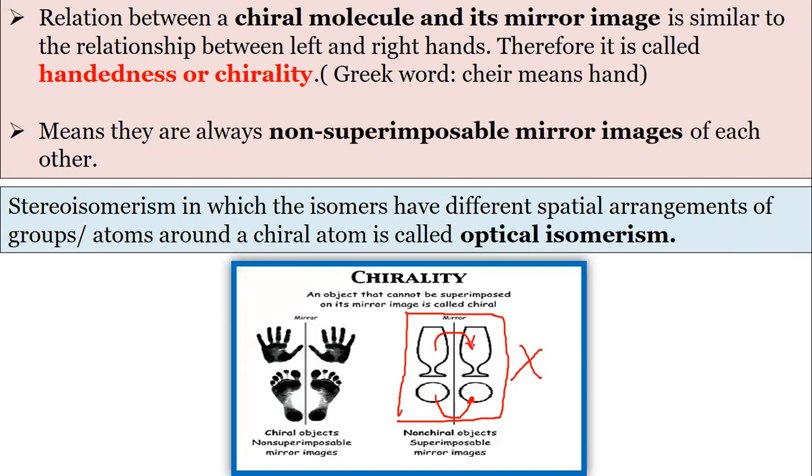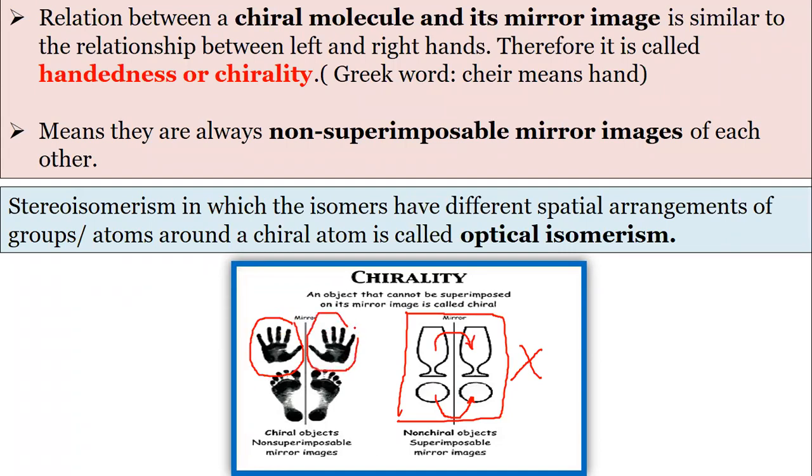What can you call these images? Superimposable means they fit on each other. And those mirror images which cannot fit on each other are called non-superimposable. This is the left hand and this is the right hand, the two hands.